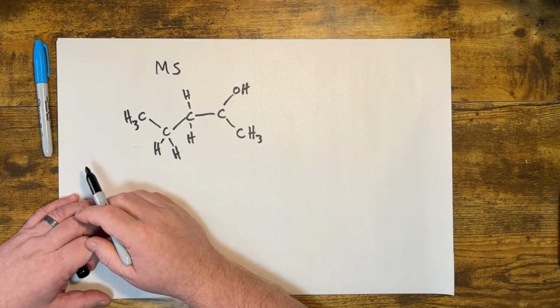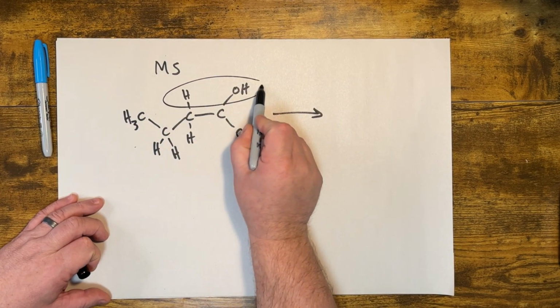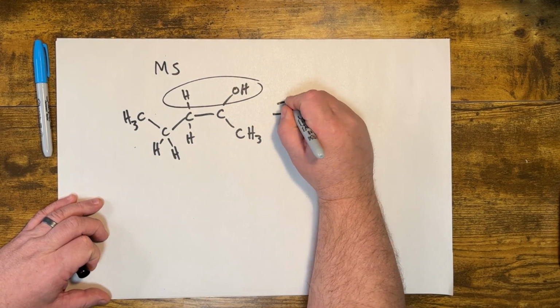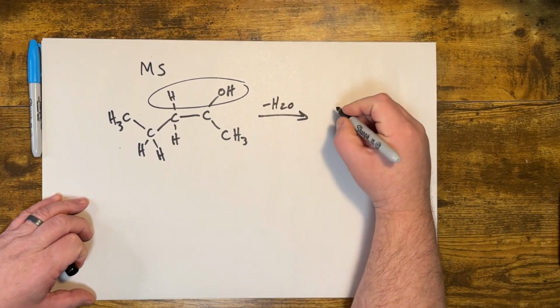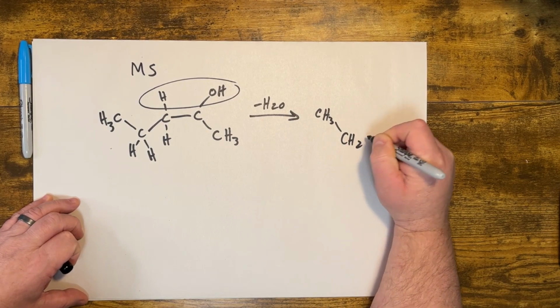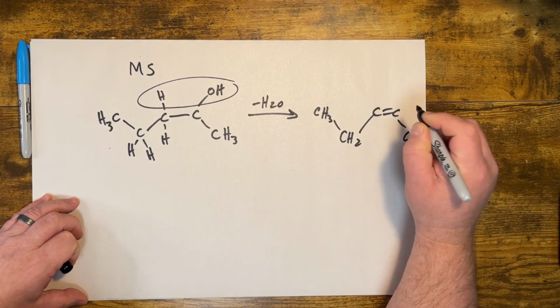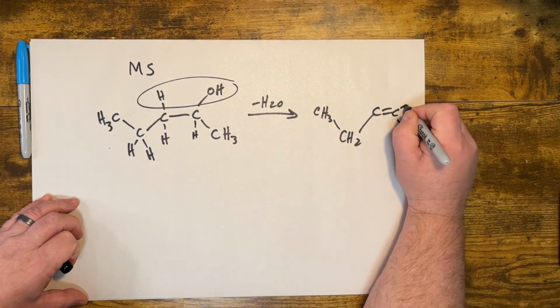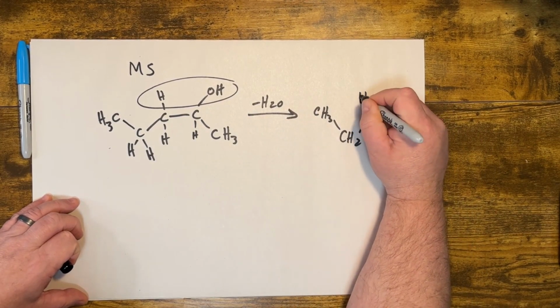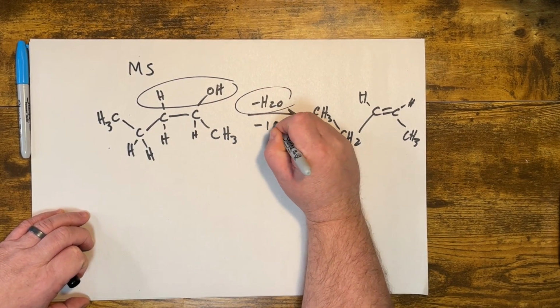If you have a compound like this in the mass spectrum, what happens sometimes is water falls off. So when the water molecule falls off, water weighs 18.